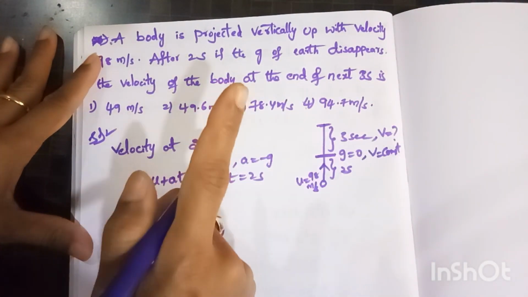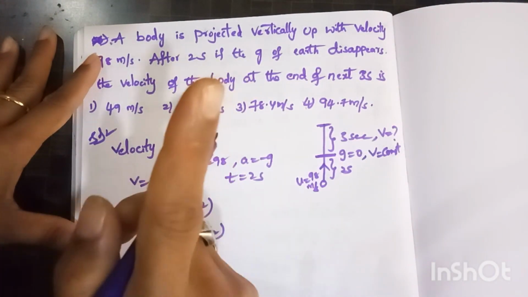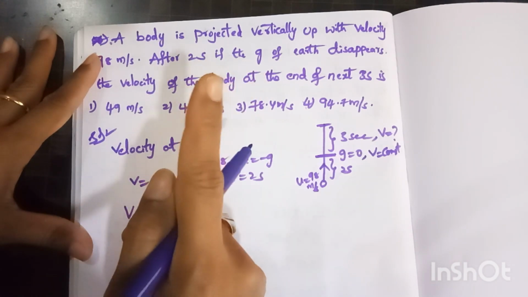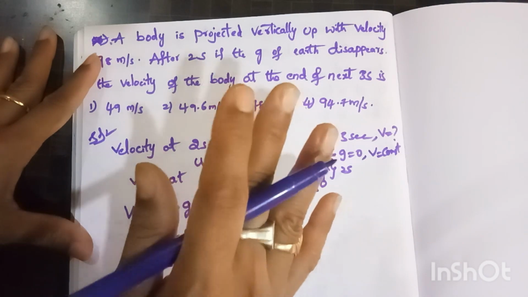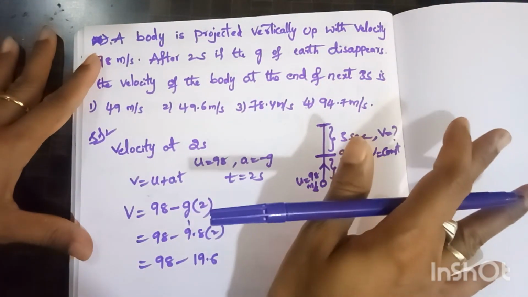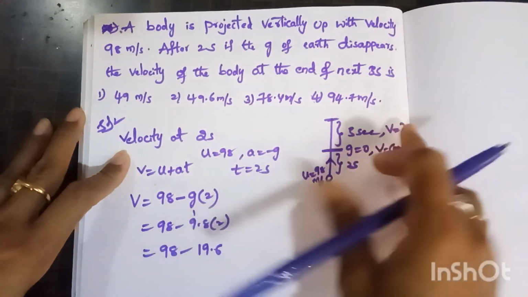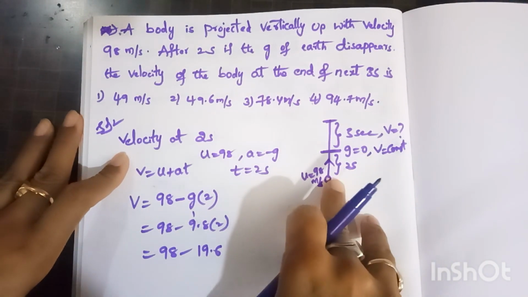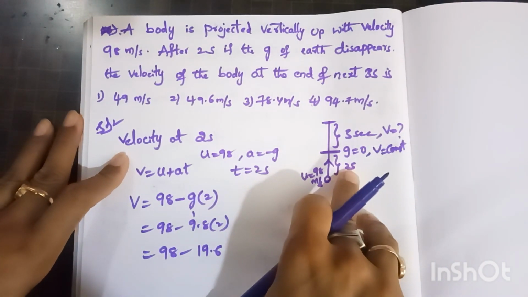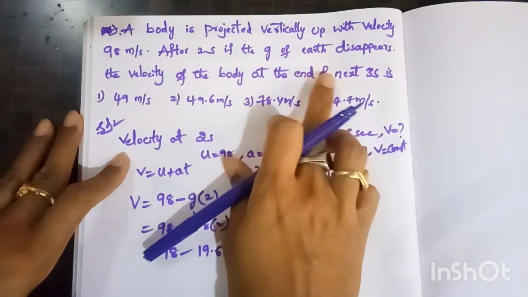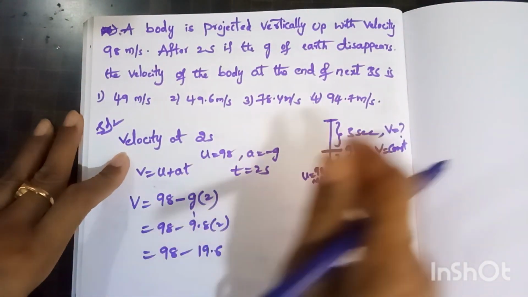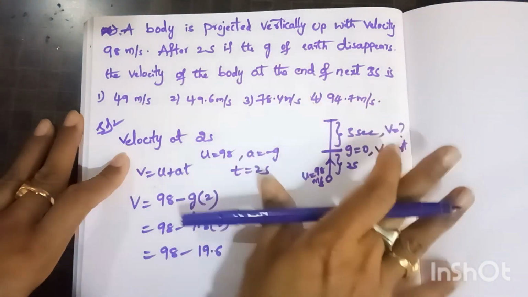With that velocity, the object reaches the maximum height. So now we are going to find the velocity for the first 2 seconds, and with the help of that velocity, we can find the velocity for the next 3 seconds. Why? Because the velocity will be constant.